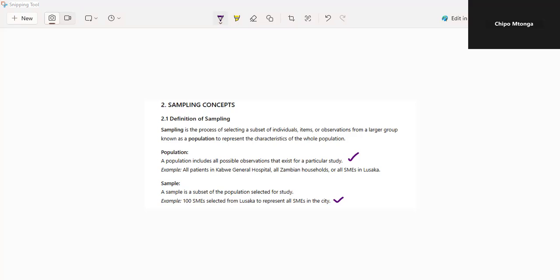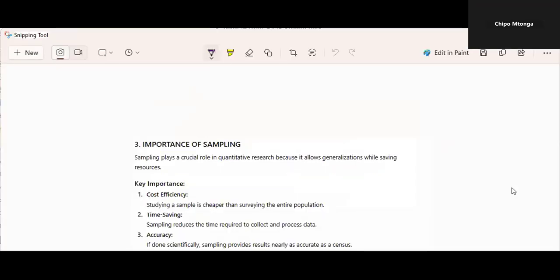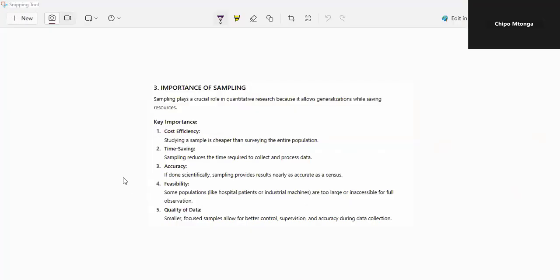So what is the role of sampling? Why do we sample instead of conducting the entire census? The entire population, we call it a census. So it's important to conduct sampling because it's cost effective.